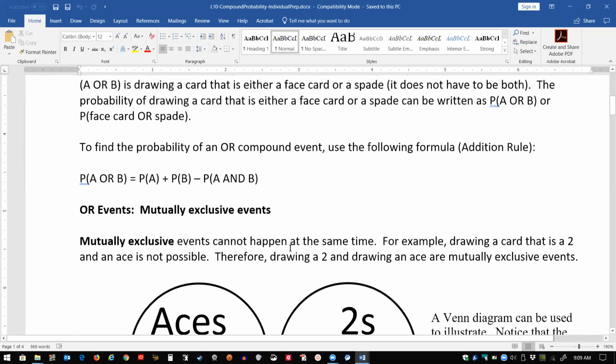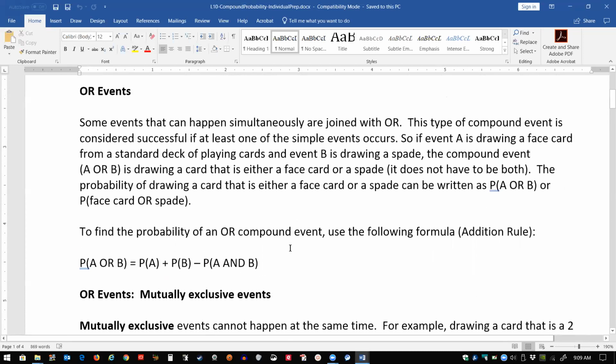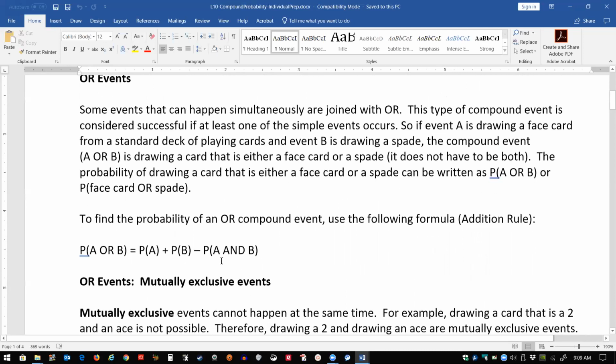Essentially, for the more general OR rule, we refer to this as the addition rule because we increase our probabilities when we're finding the probability of an OR compound event, right? So the cool thing is you can find the individual probabilities of each event happening, and then we just add them together.